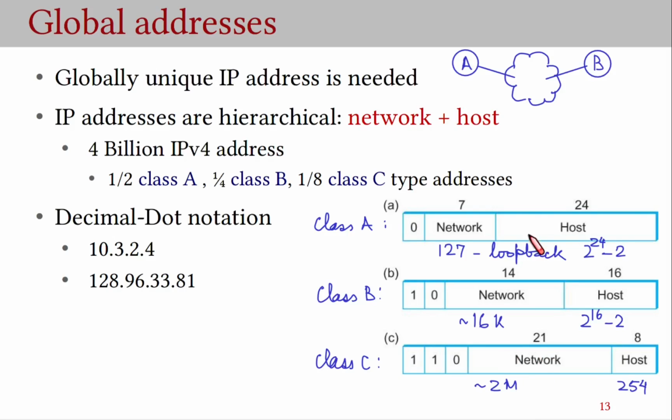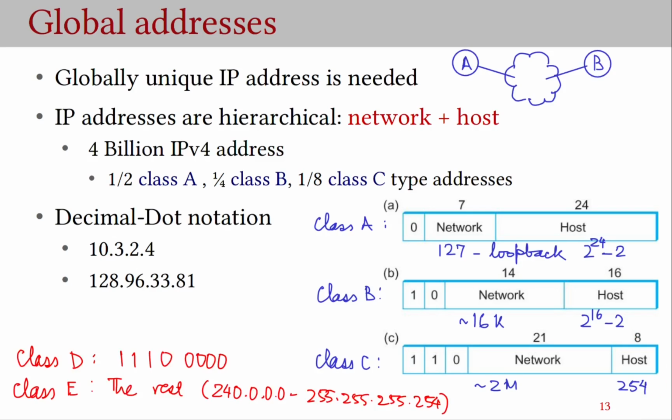As for the number of hosts that can be attached: in the case of class A, up to 2 to the power 24 minus 2, about 16 million hosts, since all zeros and all ones are reserved. In the case of class B, 2 to the power 16 minus 2, about 65,000 hosts. In the case of class C, it's 2 to the power 8 minus 2, that's 254 hosts.